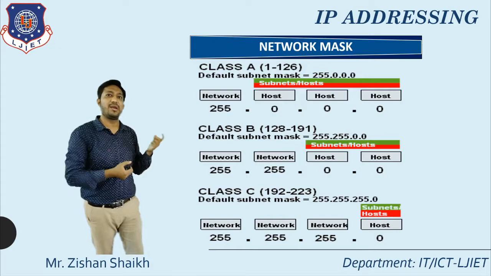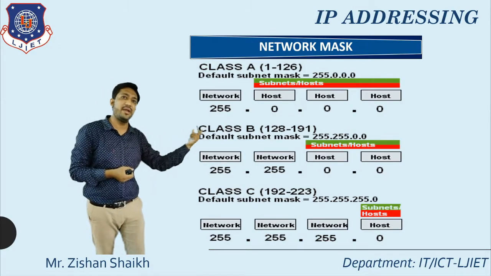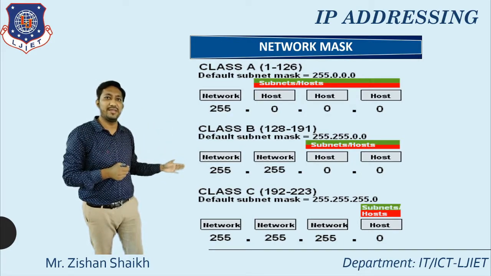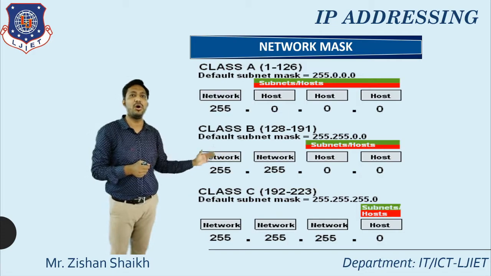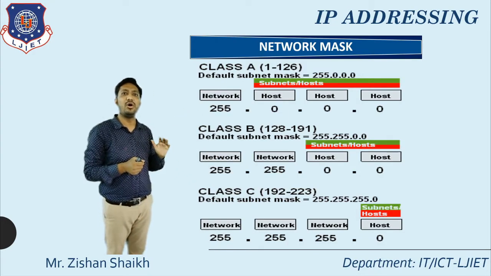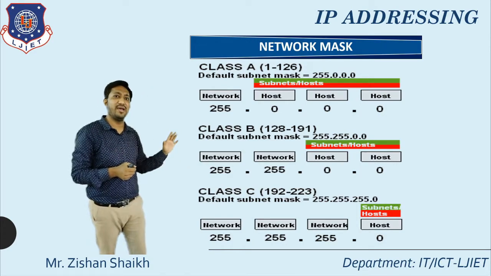Now next is class B. We already know class B has the first 2 octets for the network and the remaining 2 octets for the host. That's why in the first 2 octets all bits are 1 in binary representation, so the decimal representation will be 255.